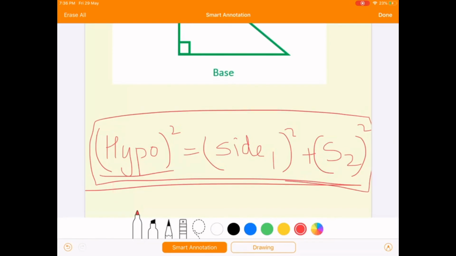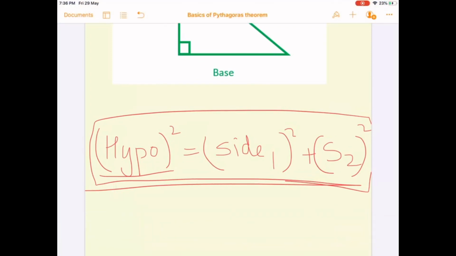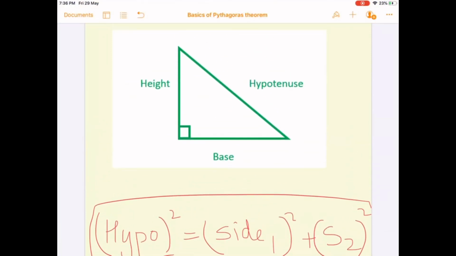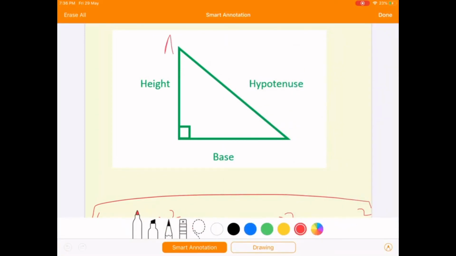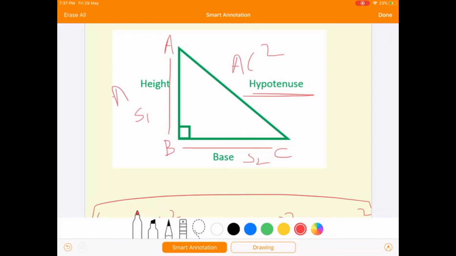Hypotenuse square means AC square, equal to side 1 square, suppose this is S1 and this is S2, then AB square plus BC square.